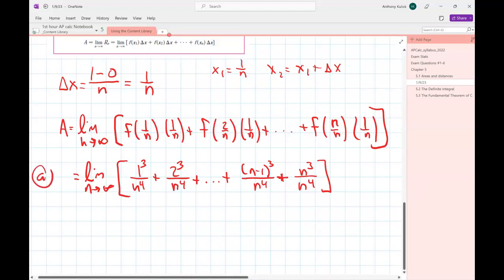Just take a quick peep at what they did. Yeah, so that's fine. If you wanted to, you could notice that, hey, I have a greatest common factor here of 1 over n to the 4th.